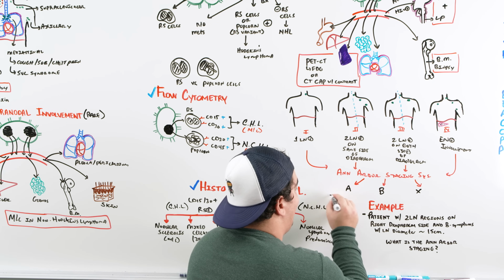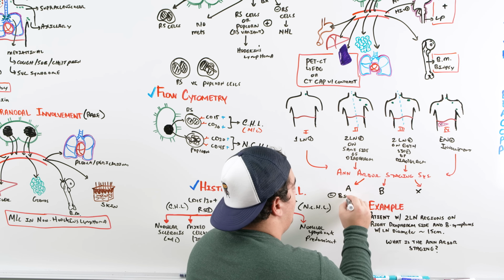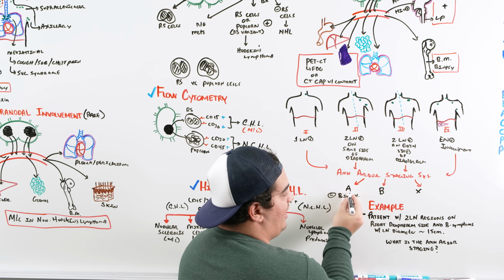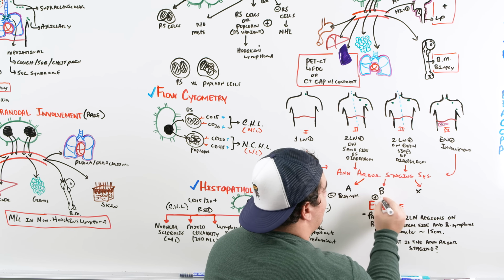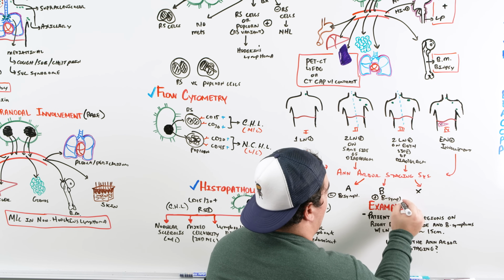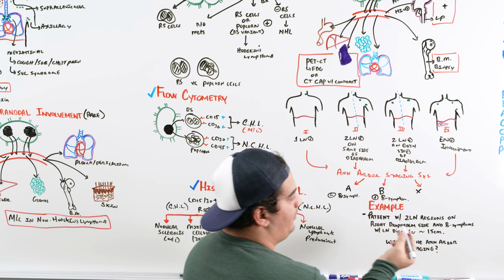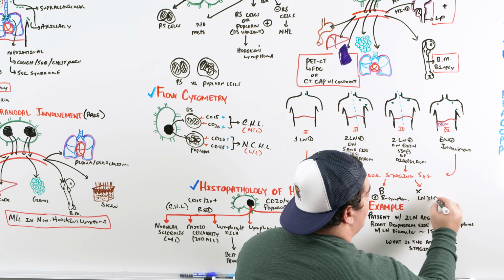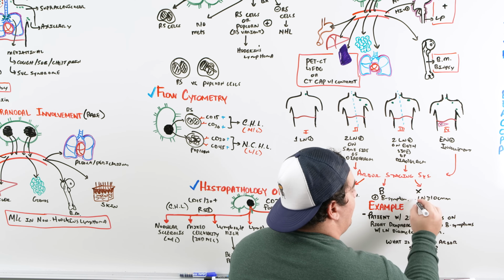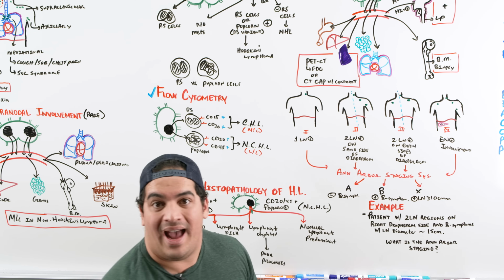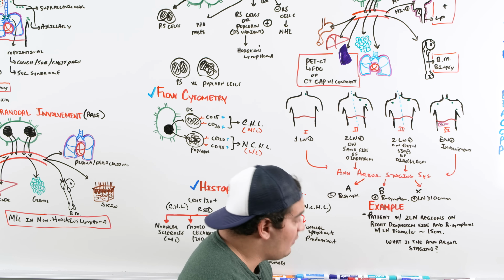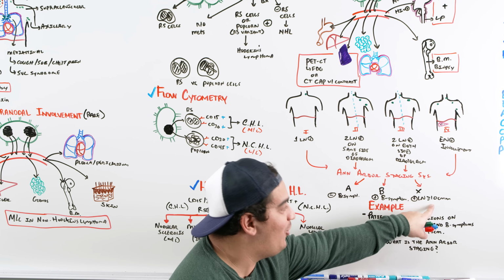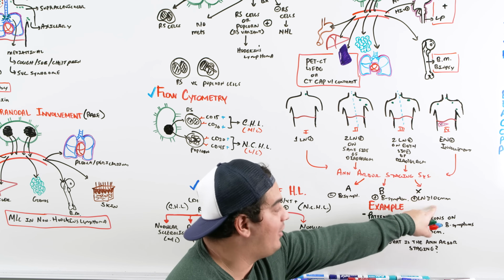If there's negative B symptoms, they get the subclassification A. If there is positive B symptoms, then they get the subclassification B. And if the lymph node tumor is approximately greater than or equal to 10 centimeters in diameter, then they get the subclassification X. This is also called bulky disease, another way that you can describe the X. If you get a big old bulky lymph node mass, that's another indication.